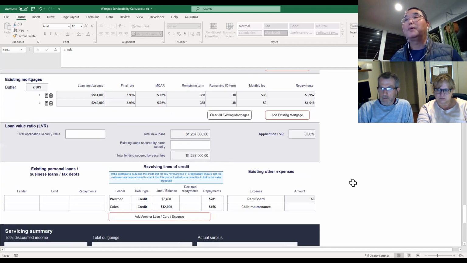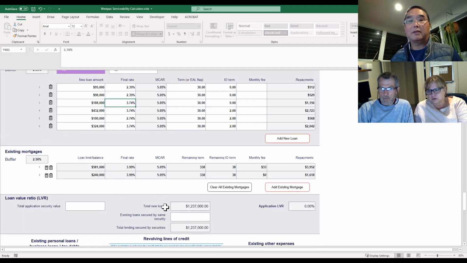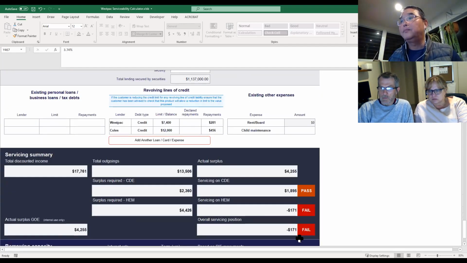Means we need to either reduce the credit card limit or reduce the loan amount. For example, if you take this loan, it now is 324, right? If you make it 200,000, 224, so $100 less. Let's see how it goes.